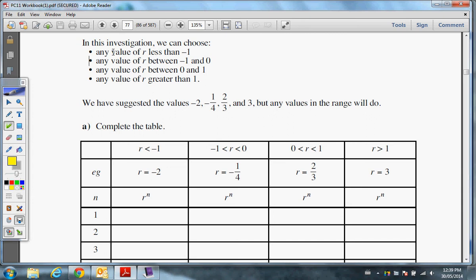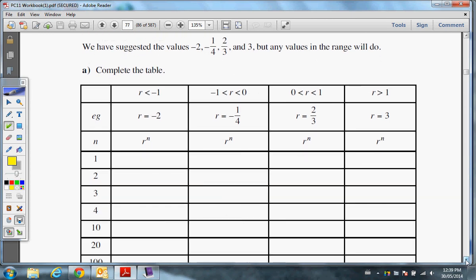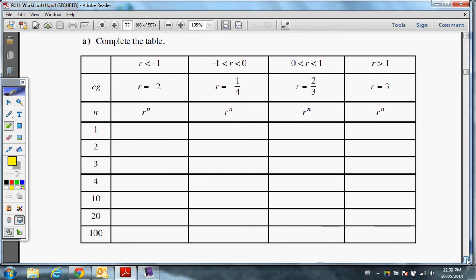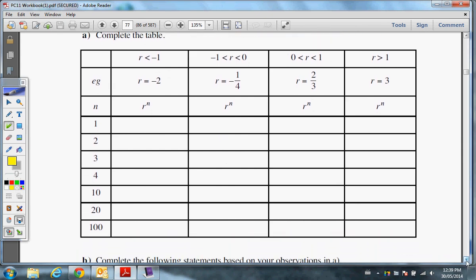So we're going to try all those. We're going to try a number that is less than -1, between 0 and -1, so here's a fraction, between 0 and 1, fraction, and then greater than 1. The ones they tell us to try are -2, -1/4, 2/3 and 3. You could use your table and your calculator for this.